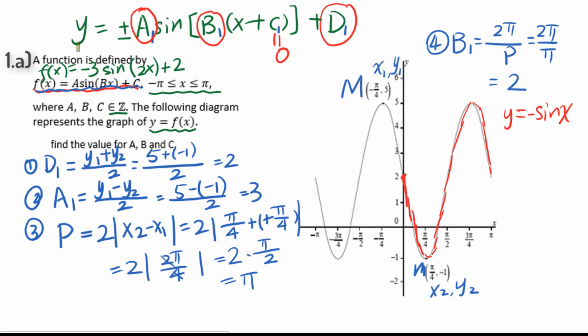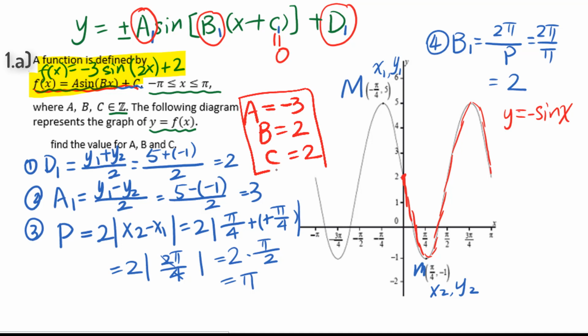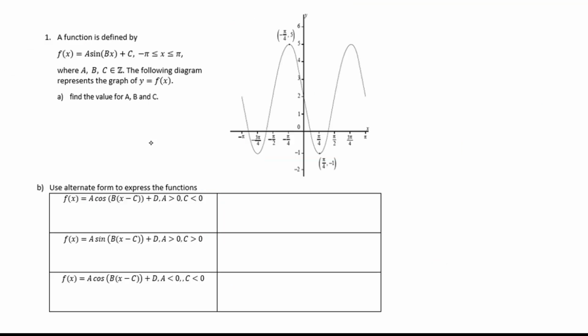Then we can compare this function to the pattern so that we can figure out a equals negative 3, b equals 2, c equals 2. This will be the final answer to this question.